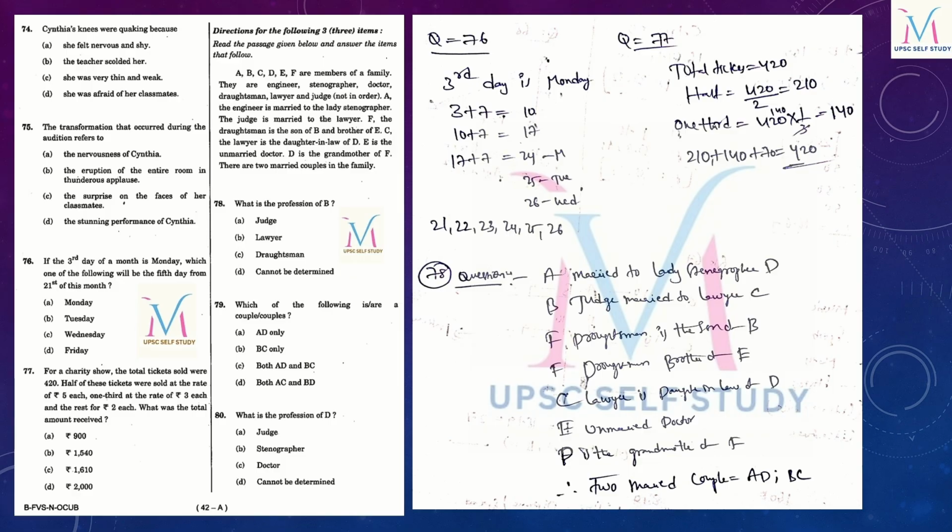And if we add 7 days to 17, it comes to 24. So the 24th will be a Monday, and the 25th will be Tuesday, and the 26th will be Wednesday.